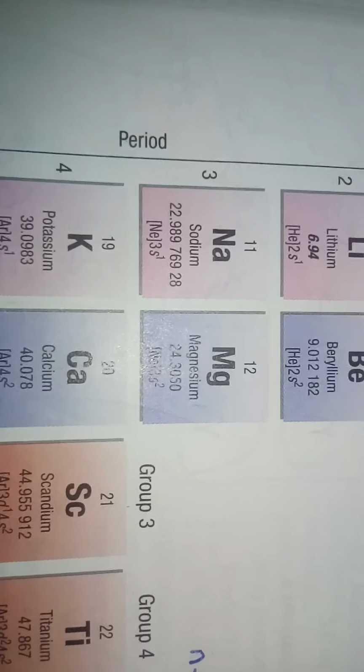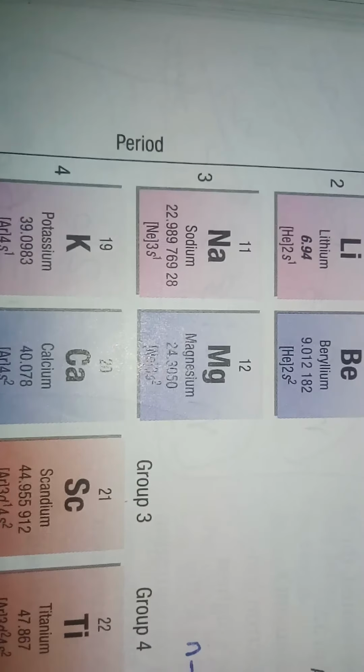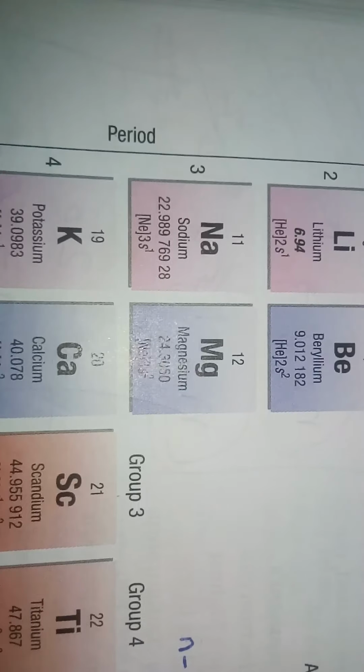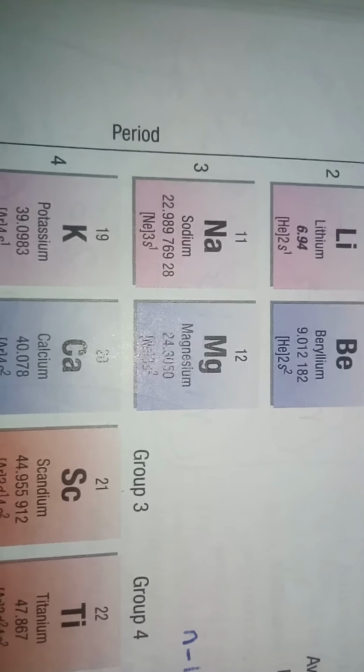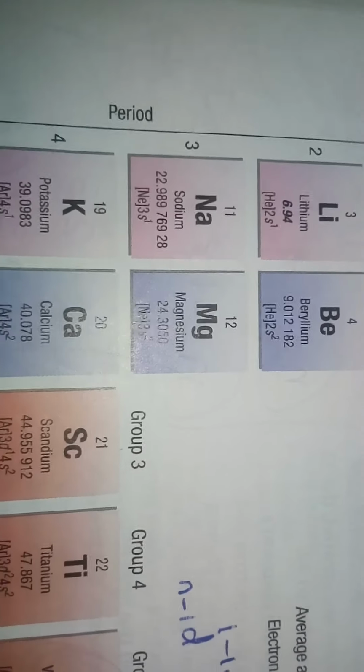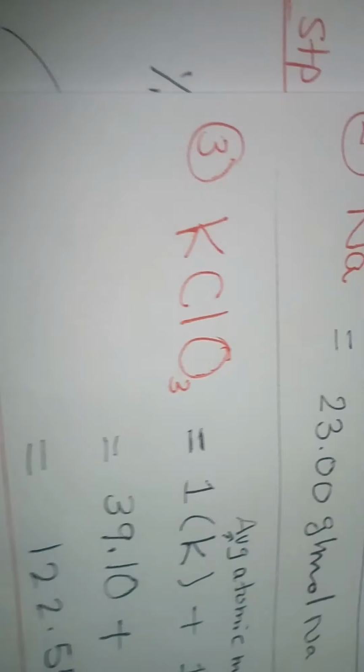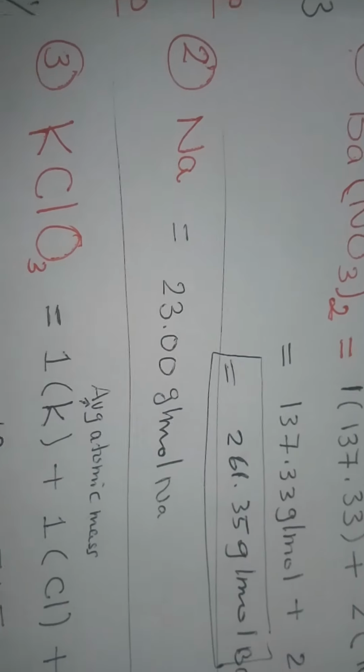Okay, I'm going to flip my book to my periodic table. You can use the one in the back too. Sodium, group 1, and 22.989. The 9 is going to round the 8, so that's going to become 99, and that rounds up the 22 actually to 23. Okay, so it's 23 grams per mole.